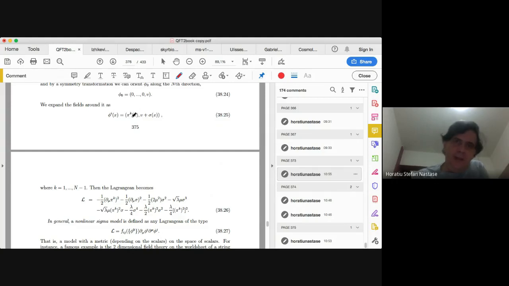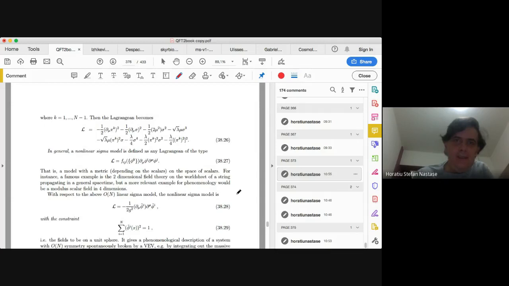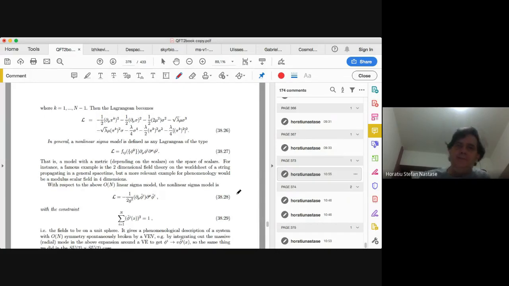That's why we call them pi, as a generalization of pions. So there's no term of the type pi squared. There's only a term of the type sigma squared, which is as usual 2 mu squared, so minus 1/2 times 2 mu squared sigma squared. And then I have the interaction terms that are written here. I will not write them.